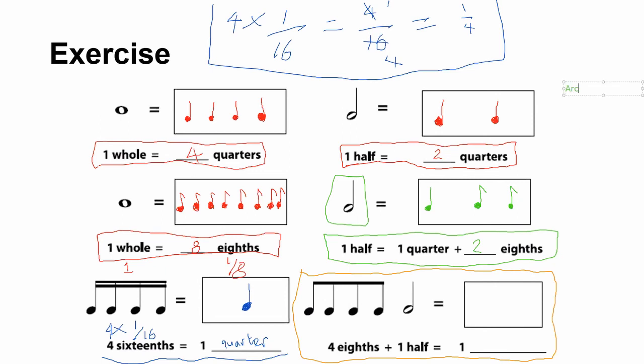So Archippus says, let's see what the others say.